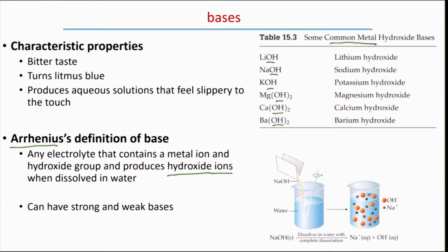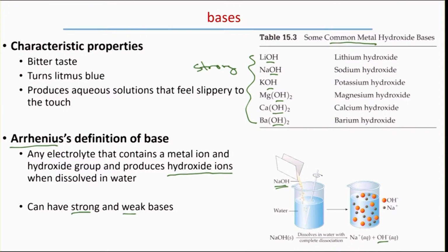They can be strong or weak. These ones are usually strong bases. We'll talk about a couple weak bases, and there's one that you'll have to be able to recognize. That will be on the next slide, I believe. But just so you can verify, take some base, sodium hydroxide, and add it into water. By the Arrhenius definition, this should produce hydroxide ions in solution, which we see here.